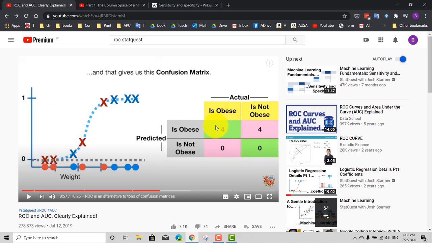So everyone that is obese will be classified as obese. So there will be nobody who's predicted to be not obese from this group. And there will be nobody that is predicted to be not obese in this group. So both this and this will be 0.